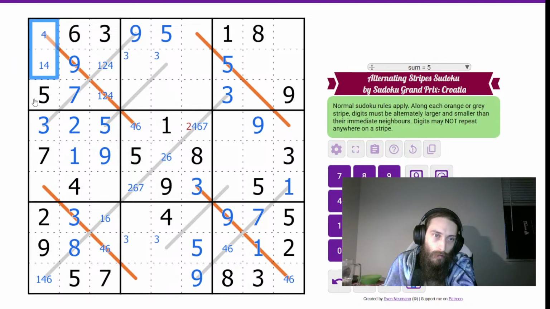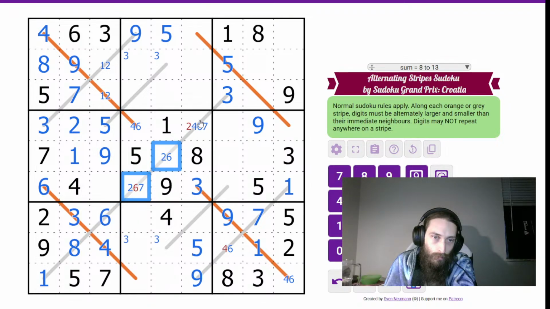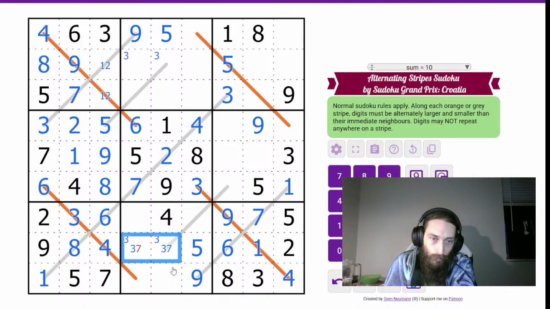8's left over. Must be 6 and 1. 1, 6 and 4. Yeah. 6, 6, 8, 7, 4. This is what, 8? 6 and 4. 3 and 7.